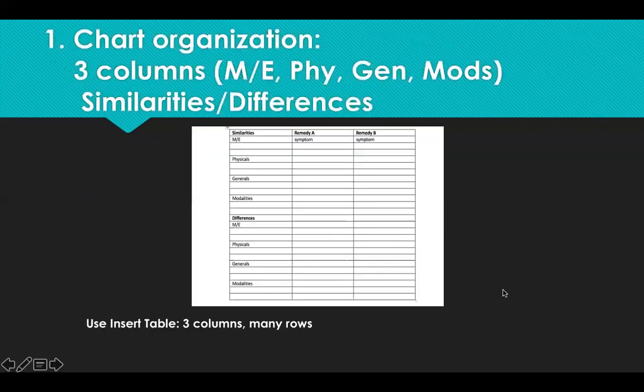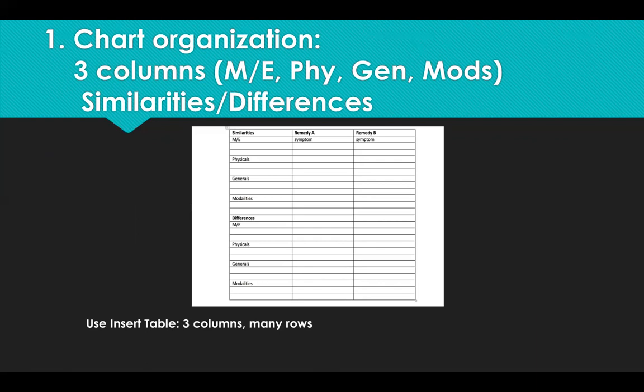So you're going to end up with a chart that looks like this, and you're going to have 3 columns. In one column, you're going to list mental, emotional, physical, general, and modalities, just as we do in the keynote exercises. But you'll have 2 sections. One section is similarities and one section is differences.